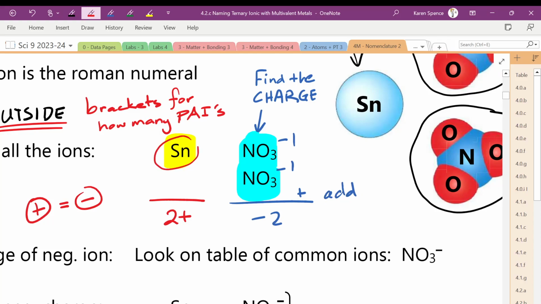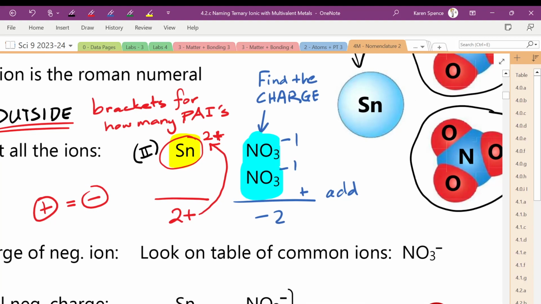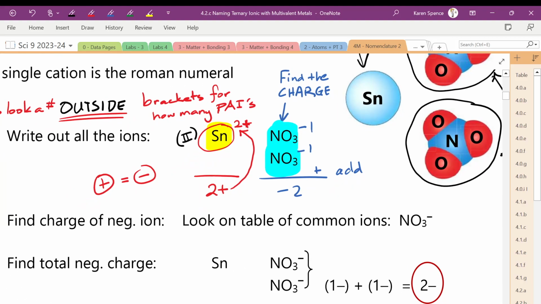Here we only have 1. So all of that positive 2 has to go right there. So that's going to be Sn 2 plus. And that tells us that the Roman numeral is going to be 2.